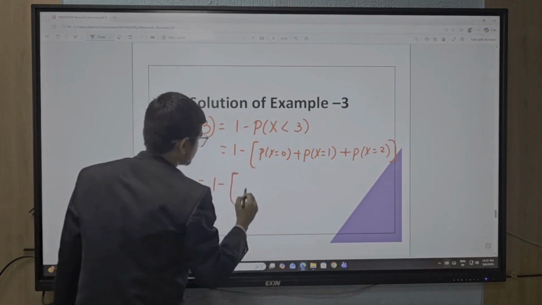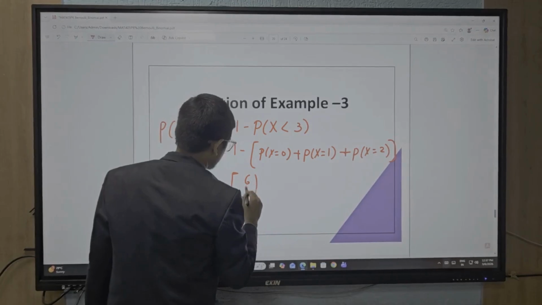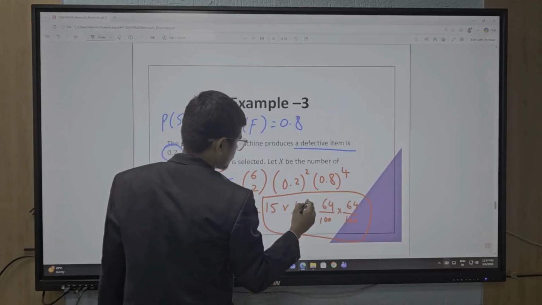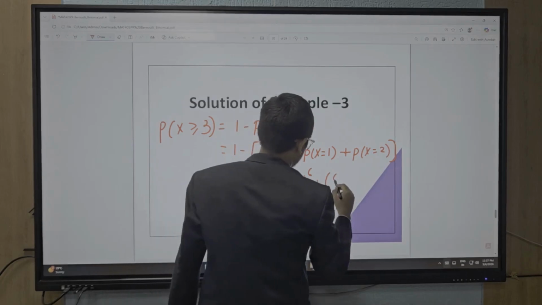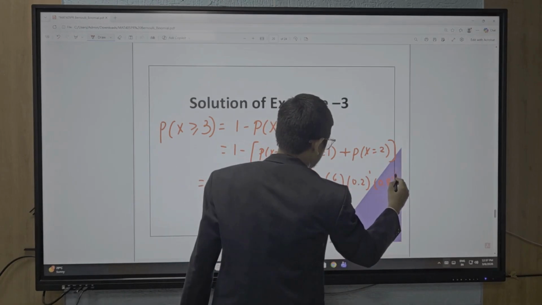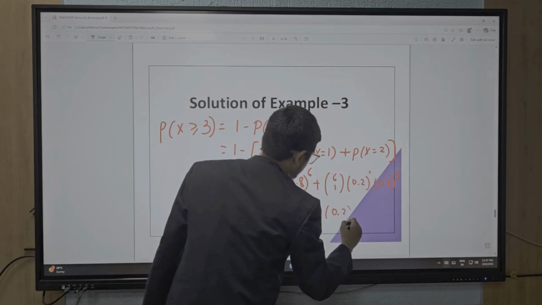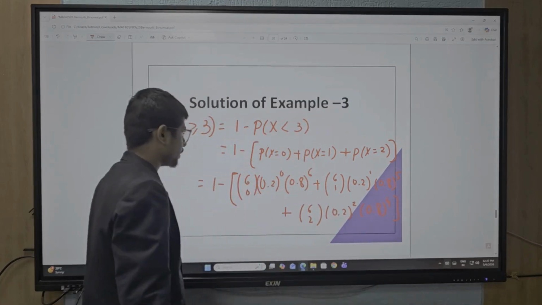So 1 minus P of x equal to 0 means 6C0, 0.2 raised to 0, 0.8 raised to 6, plus 6C1, 0.2 raised to 1, 0.8 raised to 5, plus 6C2, 0.2 raised to 2, 0.8 raised to 4.